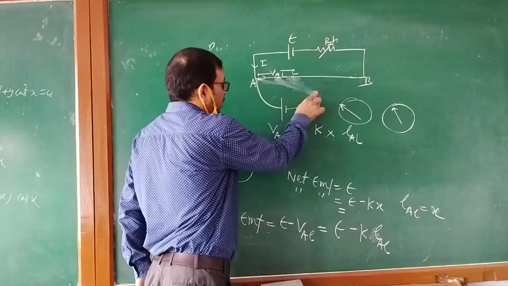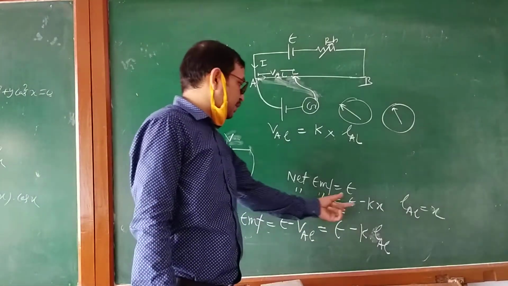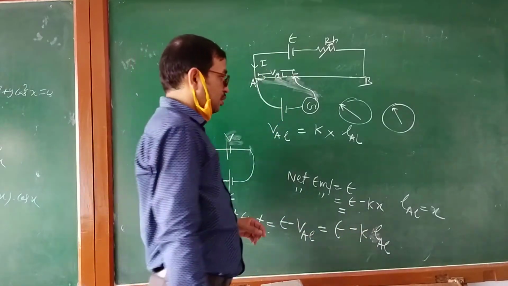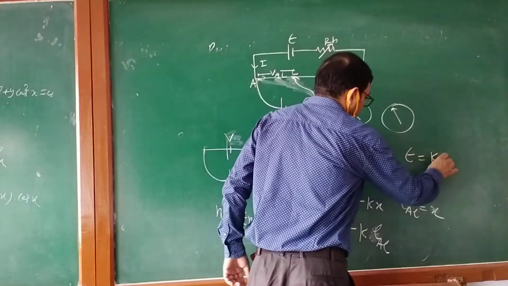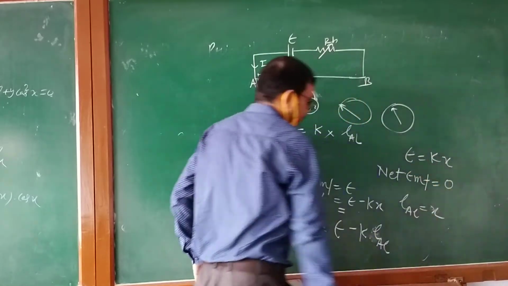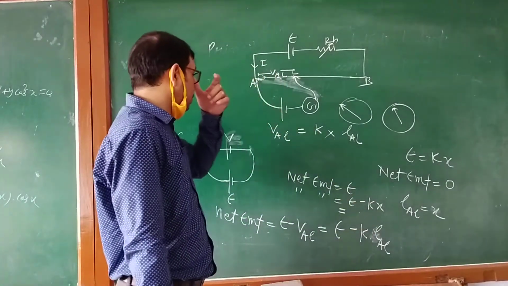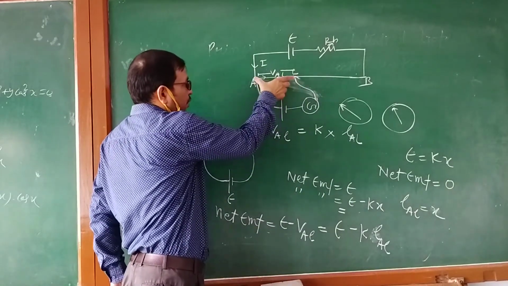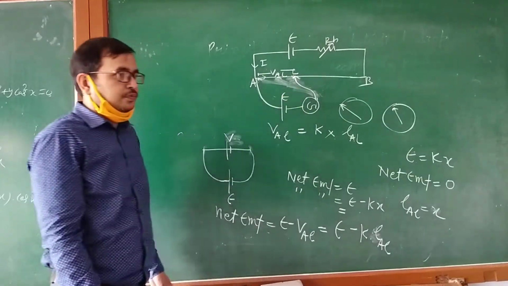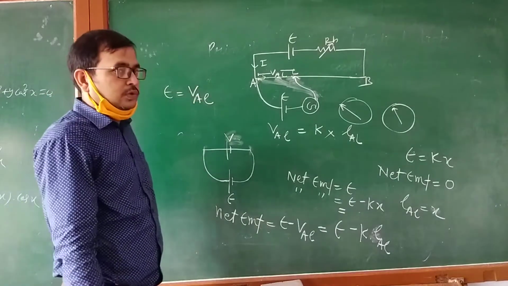Third, now we will move the pointer and touch here. What is happening when we touch here? Then this potential drop Kx is equal to E. Third case: E is equal to Kx. Then the net EMF becomes 0. Put the formula: E minus Kx is equal to the net EMF, 0. This means the potential difference across this is the potential difference across the cell, that is E. So in this case E is equal to K into AL. Clear?